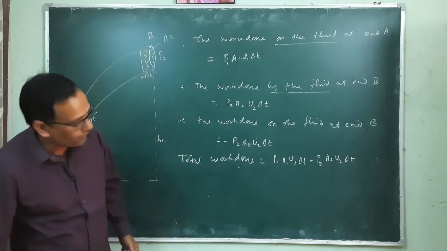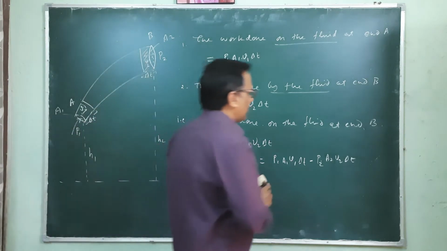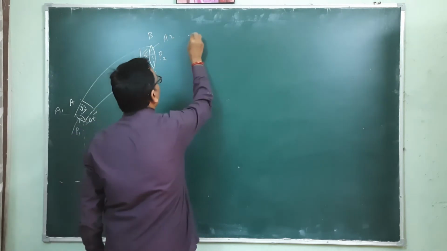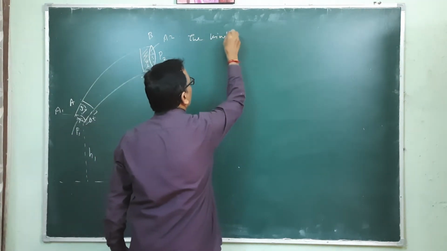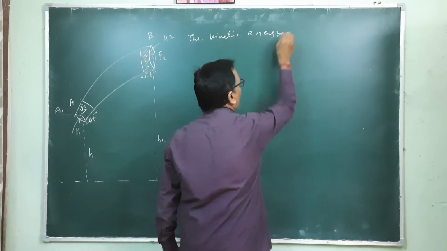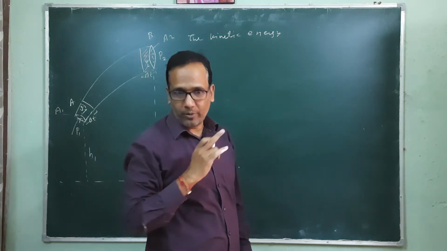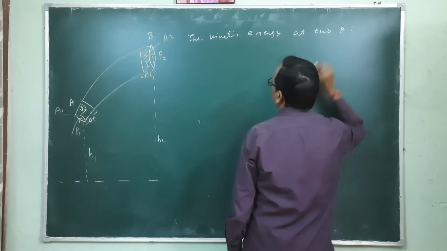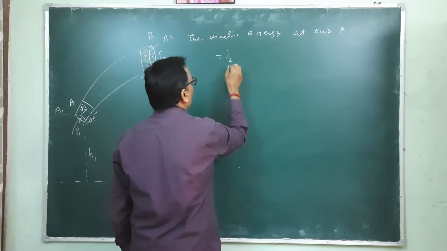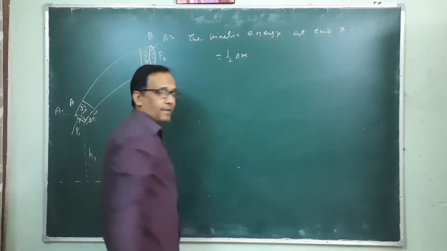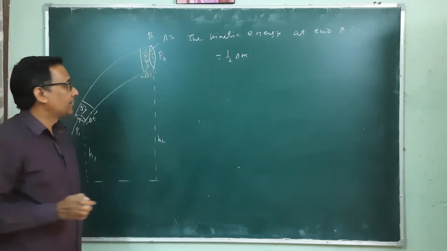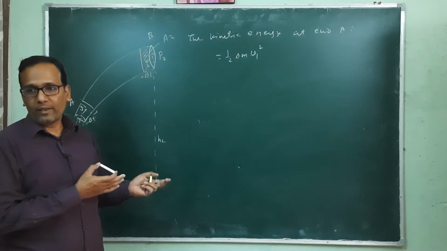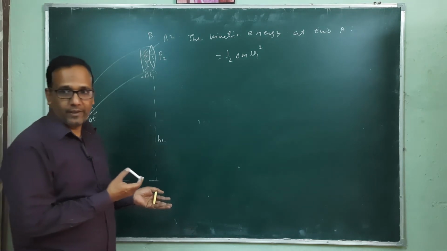So let us calculate the change in the potential energy. So this is equation number one. So the kinetic energy, I am just calculating total kinetic energy, not per unit volume. Remember this. So the kinetic energy at end A is equal to half delta M V1 square, taking the mass shifting as delta M, and delta M can be converted into density and area times displacement terms.